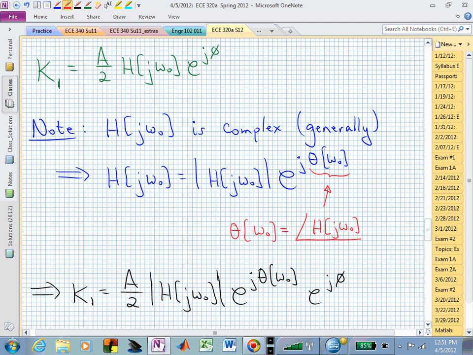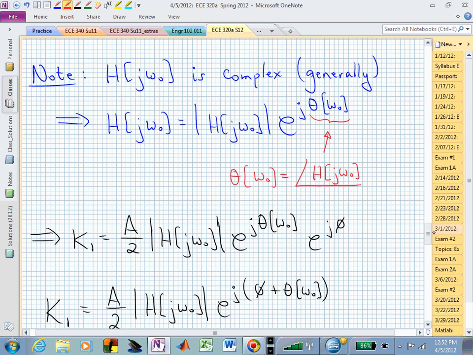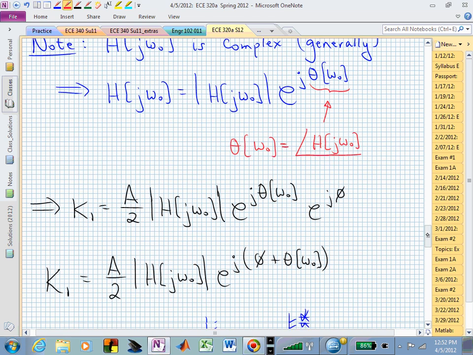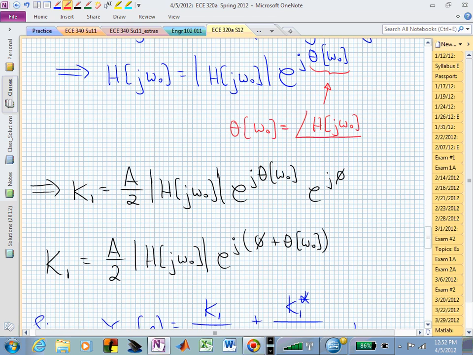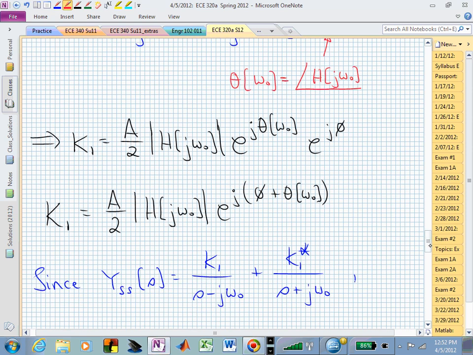Because they're associated with a complex exponential, I can combine those, and now I have phi plus theta. So that's my K1.